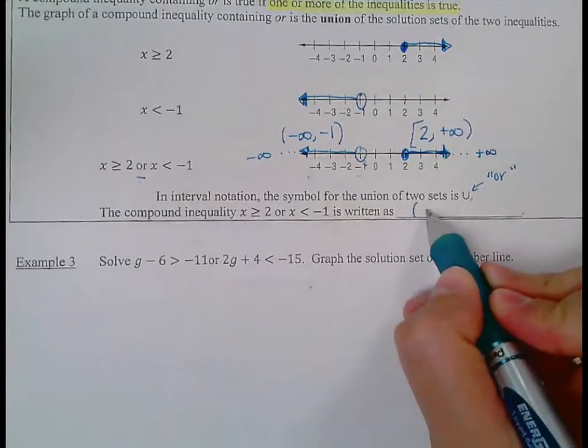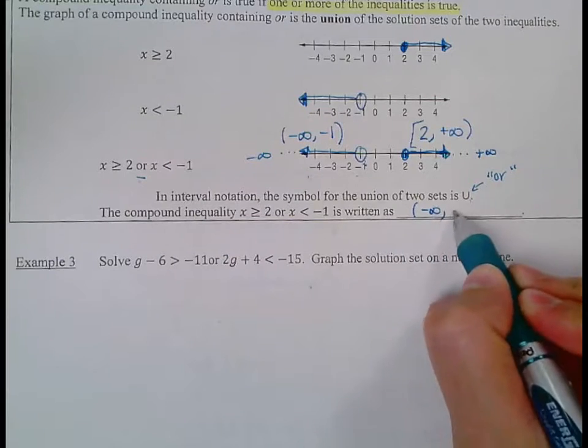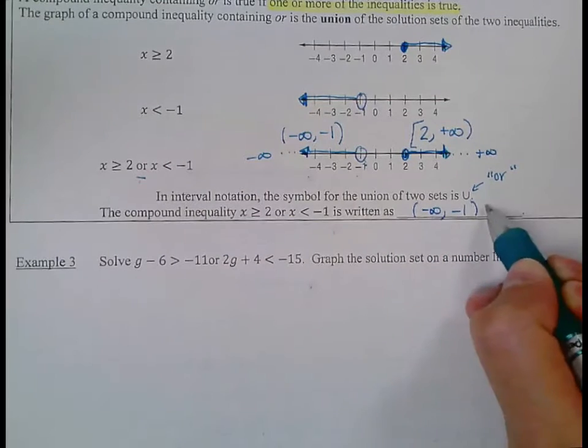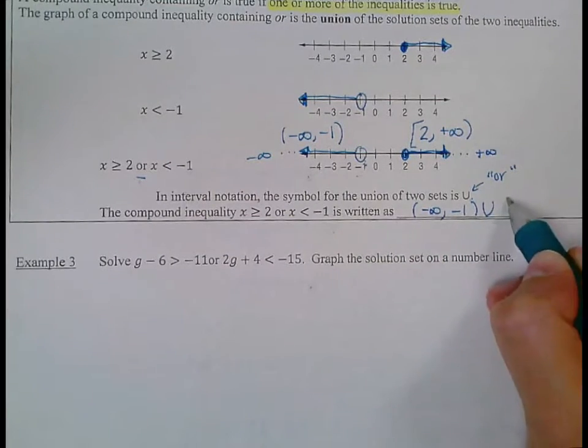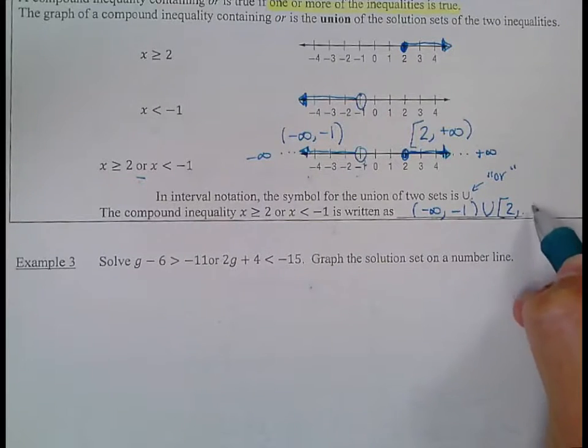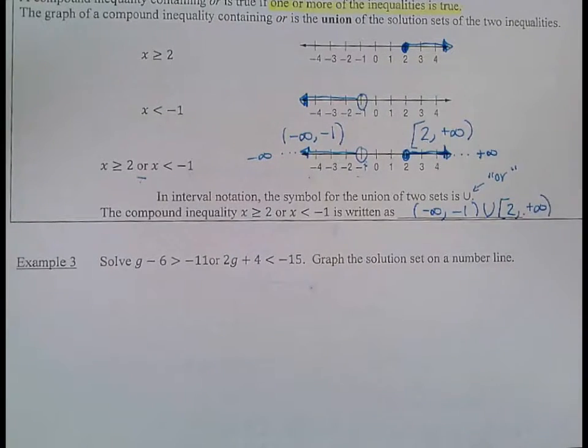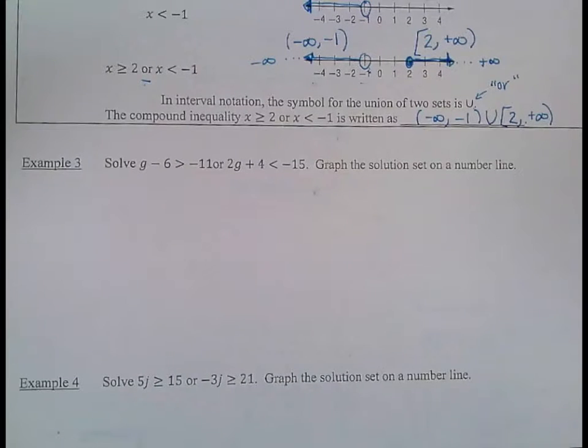So it's parenthesis, -infinity, comma, -1, parenthesis, union symbol, bracket, 2, comma, +infinity, parenthesis. So the two separate intervals would have been like you practiced on Friday. Now it's just putting two together in the same problem.